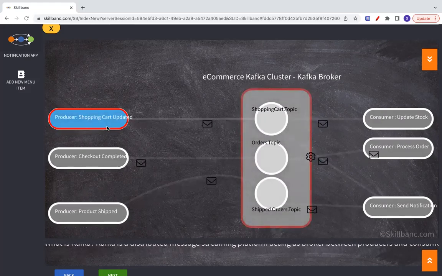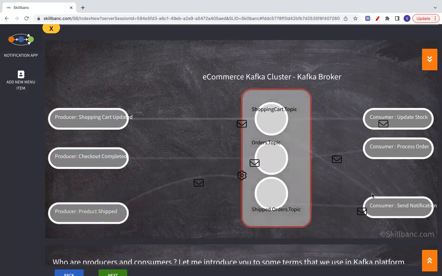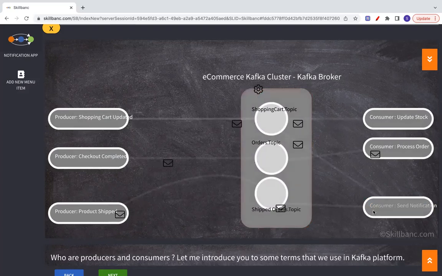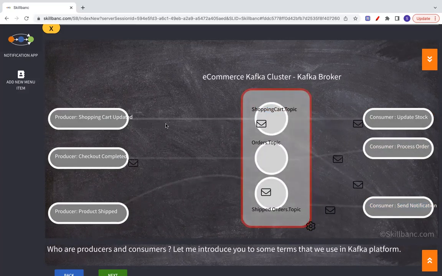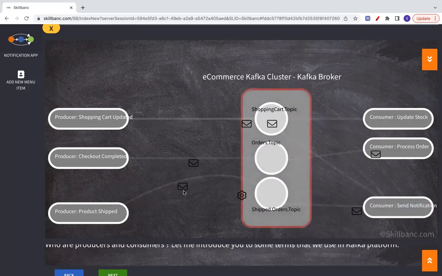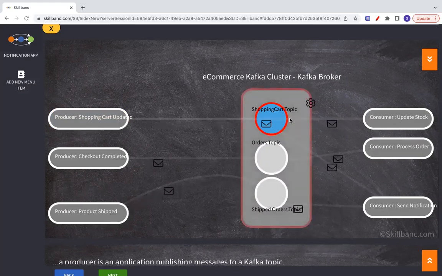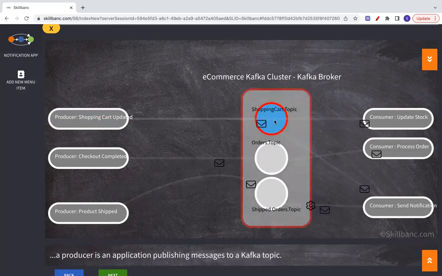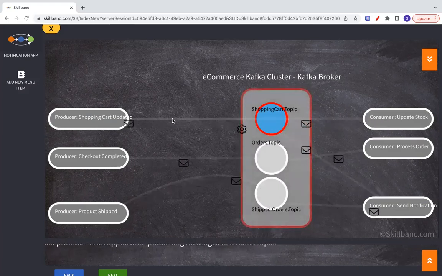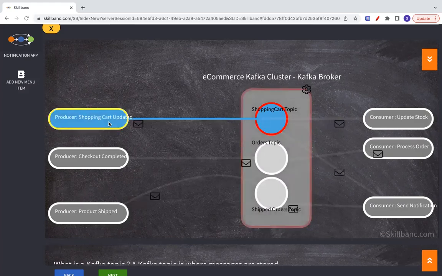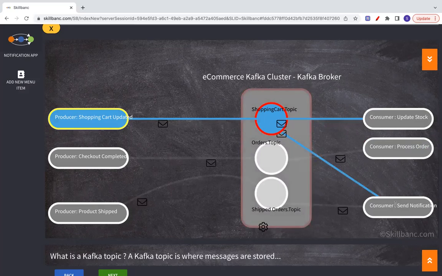So we have these producers producing the messages, and then these are the consumers consuming those messages. And you can see the messages are coming at various speeds from the producers and being managed by the broker in the middle. These messages can come at their own pace from producers, and then they can be consumed by multiple consumers.